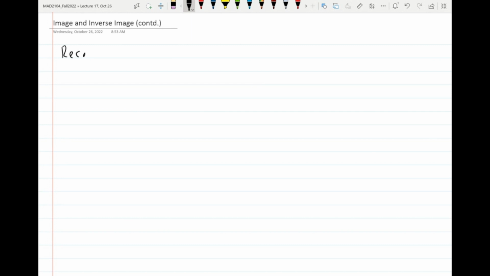So recall, remember here you have a function from A to B, so a function, okay? Then there are two notions attached to this. There is a notion of image and inverse image, and this has to do with sets, okay?